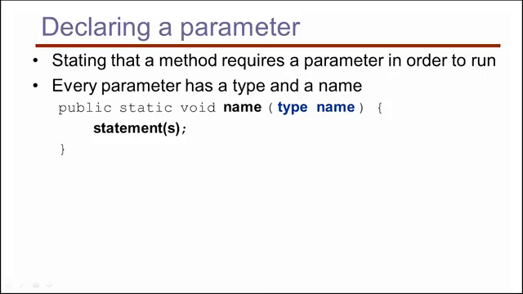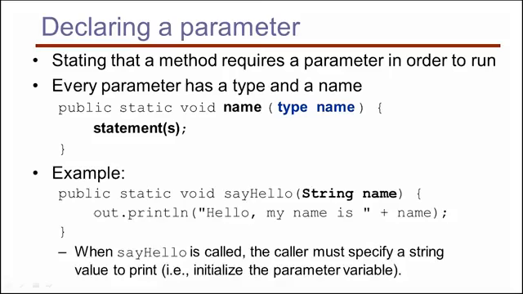When declaring parameters in a parameter list, you must provide both a type and a name, similar to declaring variables. Here's a simple example of a method which has a parameter called name, which is of type string. Whenever someone wants to call this method, they must provide a string value.